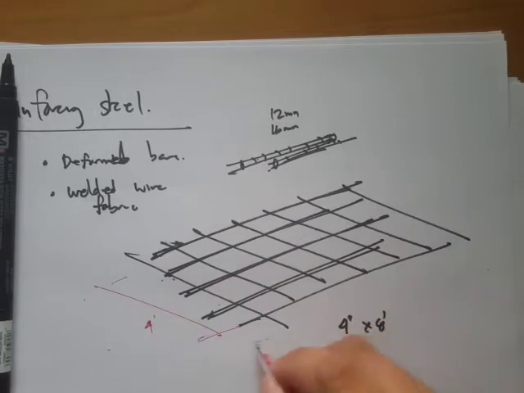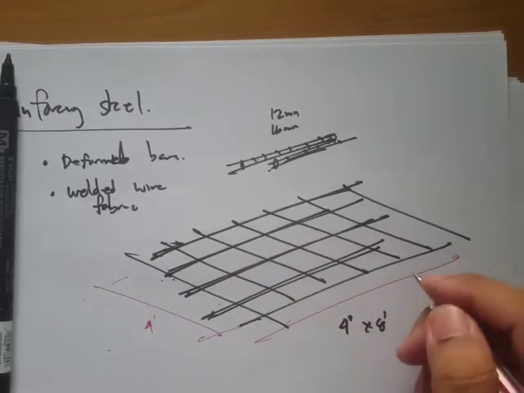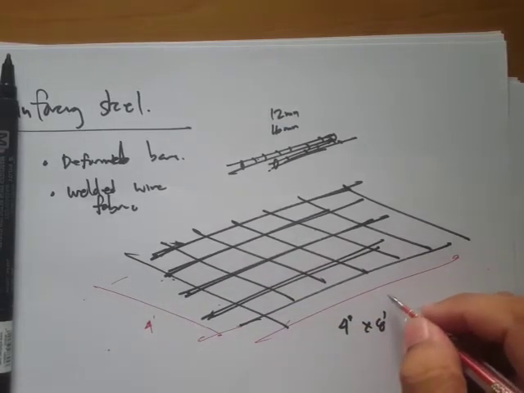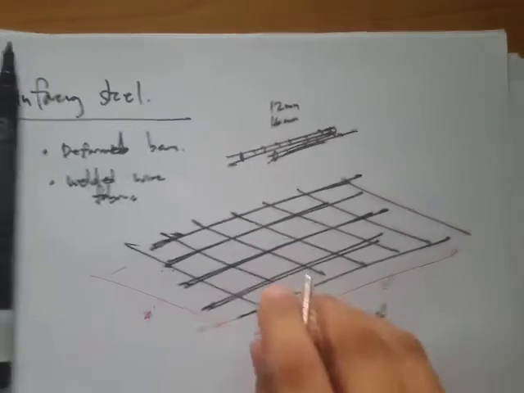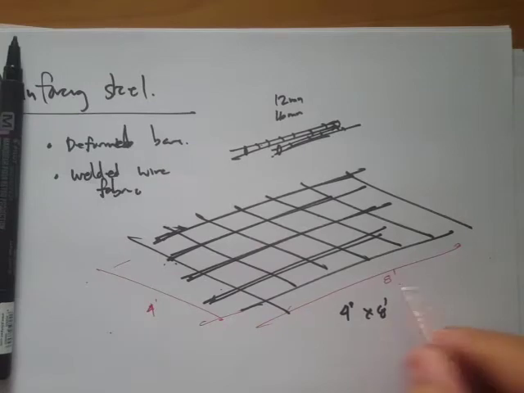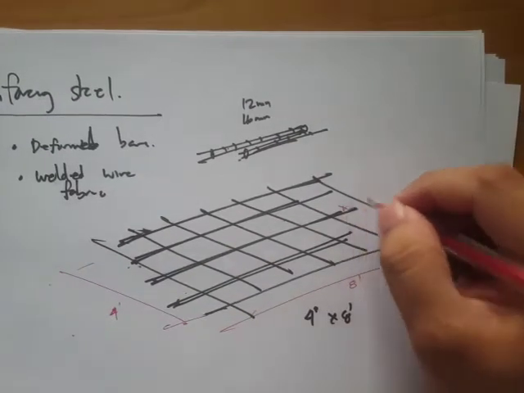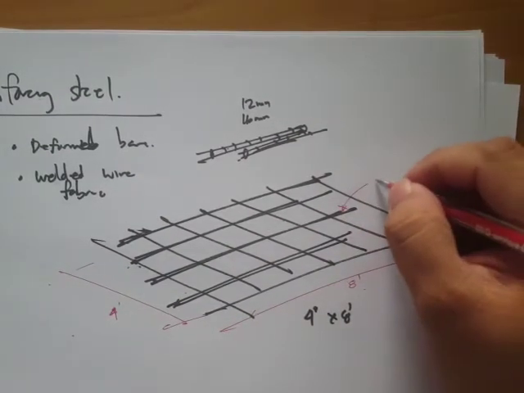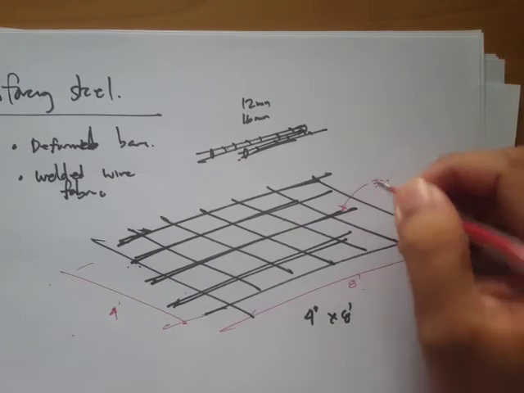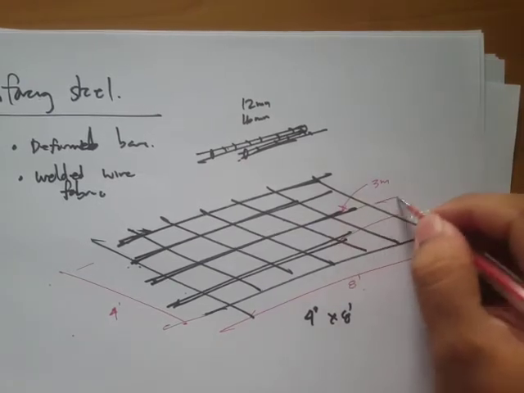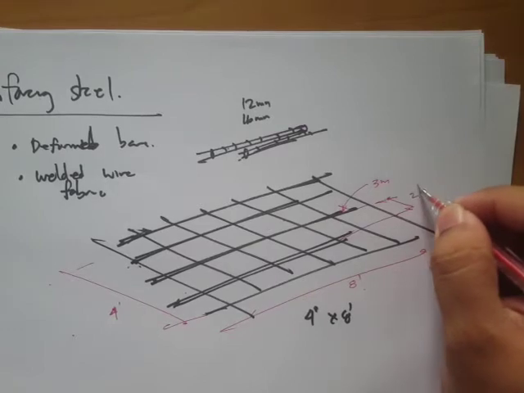The diameter of the wires is probably 3 mm, and the spacing of the wires can be something like 2 inches.